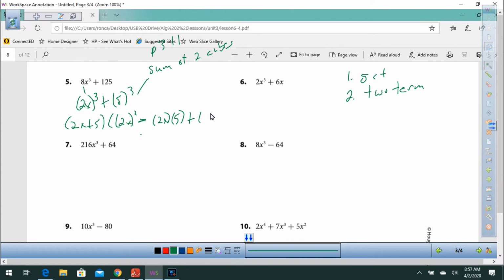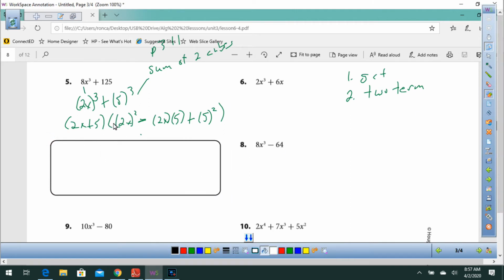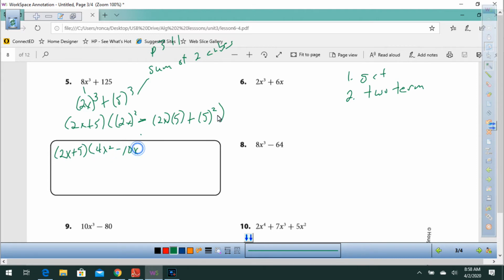Plus b squared. Okay, and that's going to work out to be 2x plus 5 times 2 squared is 4, x squared minus 2 times 5 is 10, so you got 10x plus 5 squared is 25. Okay.